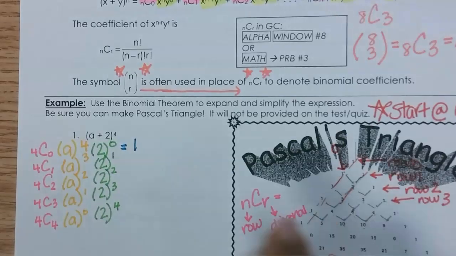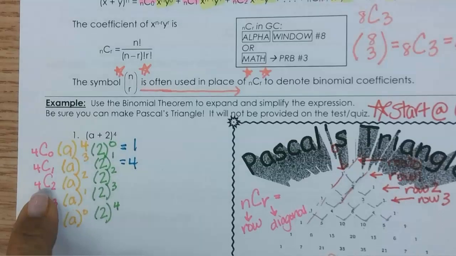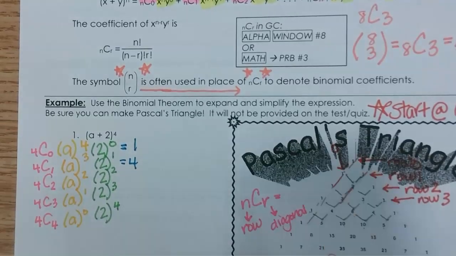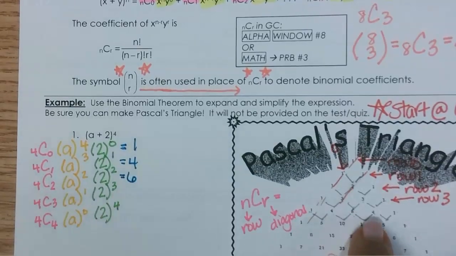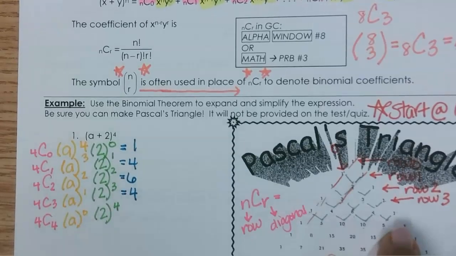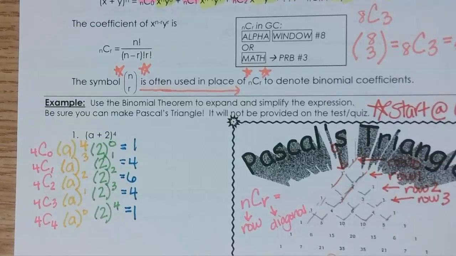And so that gives me 4. Now 4c2. You can see that you can use Pascal's triangle to work your way across. So we're going to have all of those different pieces as coefficients.